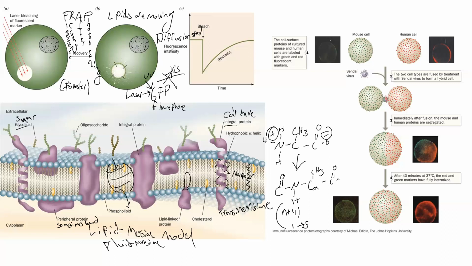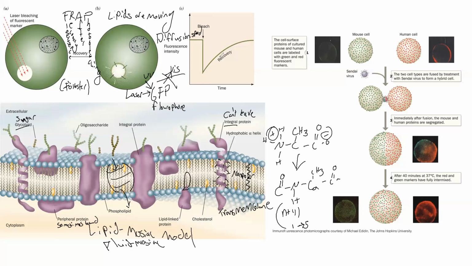Then at a certain part of the cell, you kill those fluorophores with a laser, and you just measure how long it takes for proteins to go back into that circle. That's measuring diffusion speed. That's measuring how fast proteins move inside of a cell. And it's the same technique, FRAP. But yeah, that's the basic technique of FRAP there.